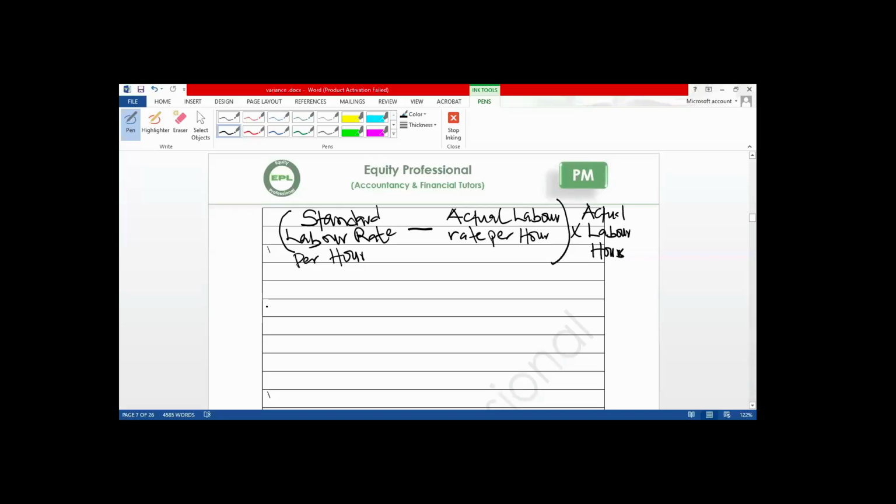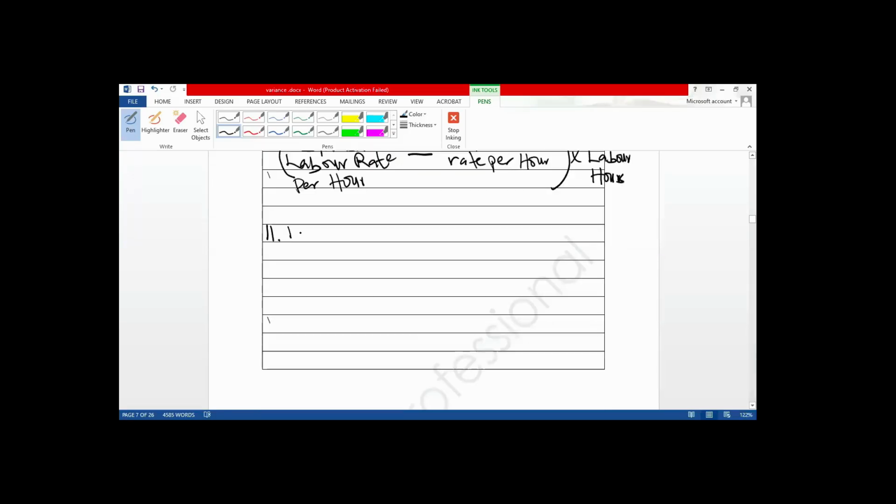Number 2, we have direct labor efficiency variance.